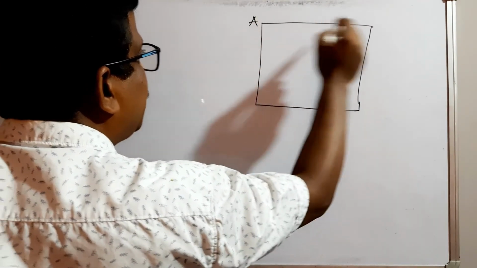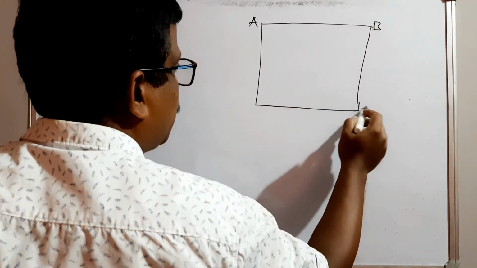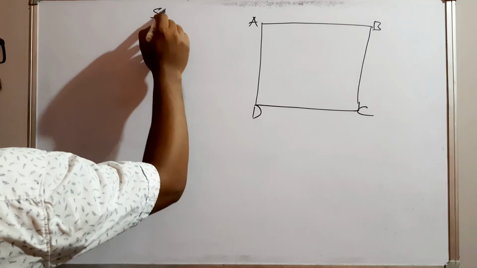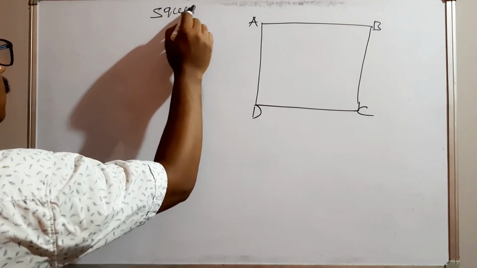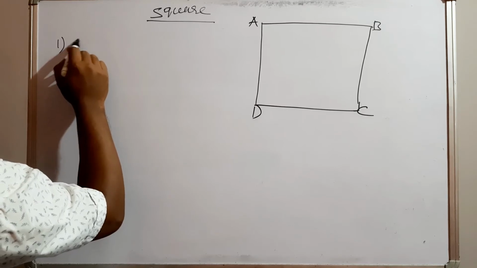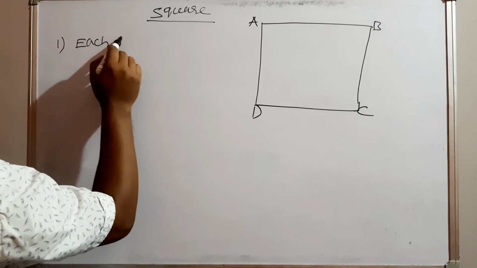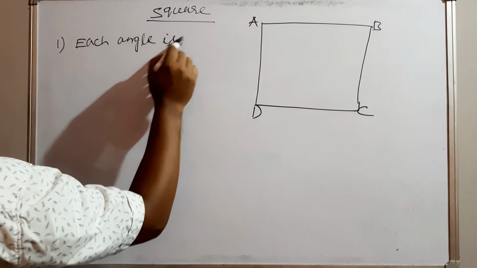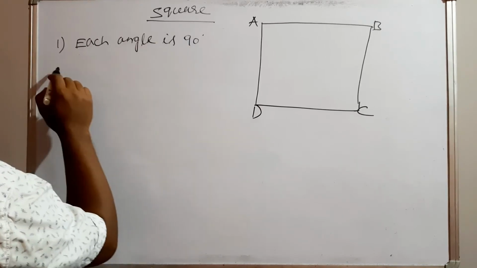Suppose ABCD is a square. First property, each angle is 90 degrees.